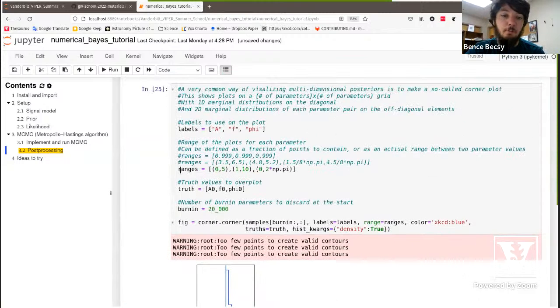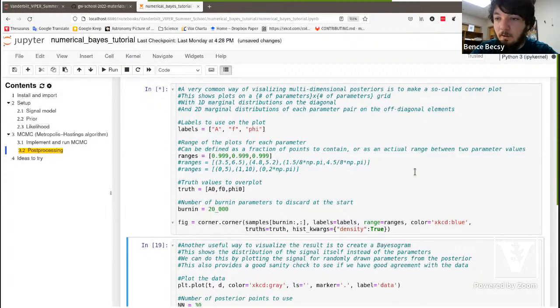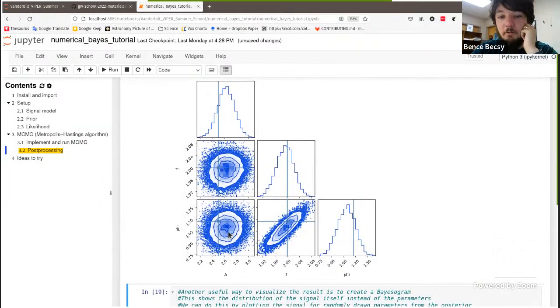Maybe we should change back now to doing this automatically, finding the right thing. Yeah, and you can see it's really nice. Almost looks like a Gaussian posterior here. The reason why it's good to use these corner plots is that you can see, for example, that between the frequency and the phase there's a quite strong correlation.